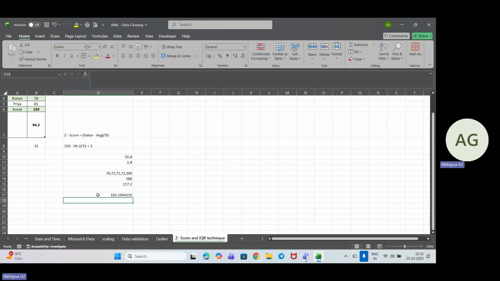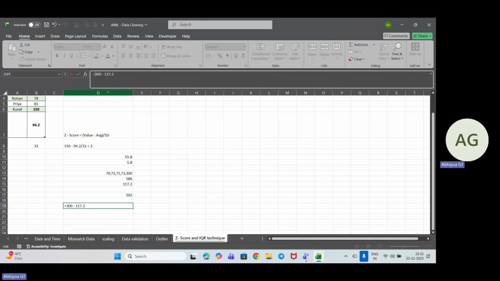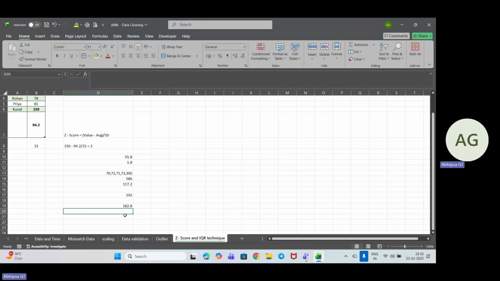Now closing the bracket, we are getting the value like this. So let's just round it to 102, right? So 300 minus 117.2 we will be doing. So we will be just taking it. So 182.8, 182.8.